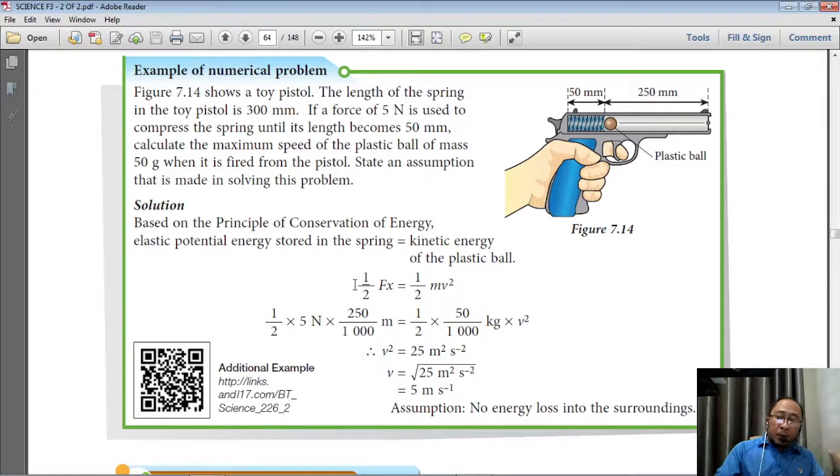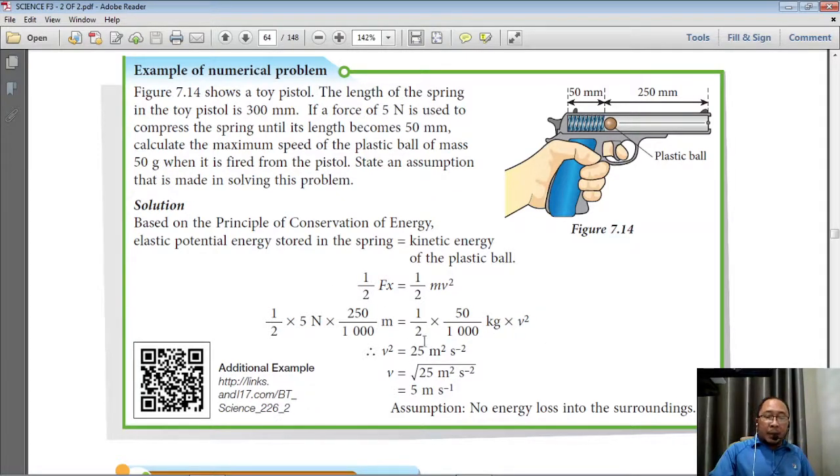The energy before and the energy after are the same in value. So we can look at the formula: elastic potential energy, half times Fx, equals kinetic energy, half times mv squared. This is exactly what we mean by the principle of conservation of energy.